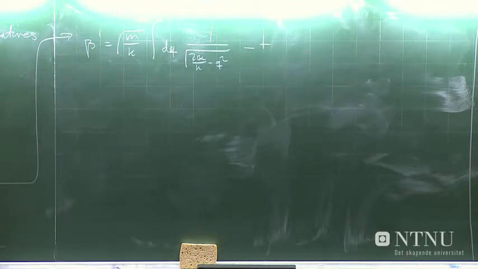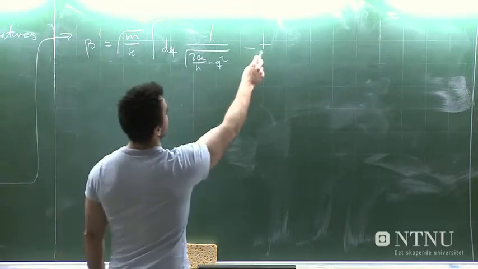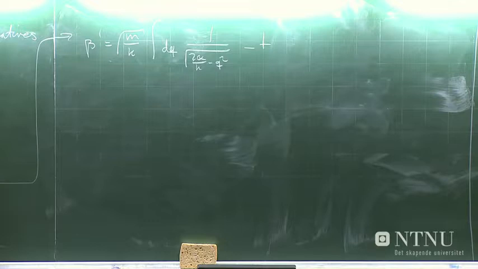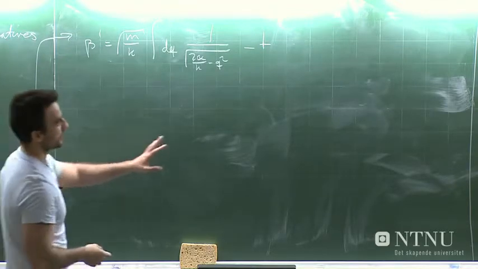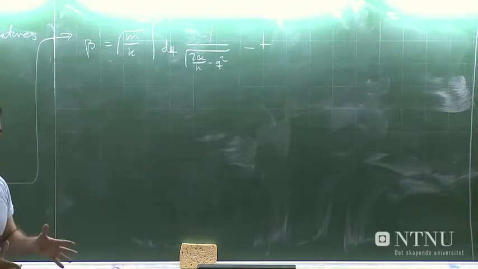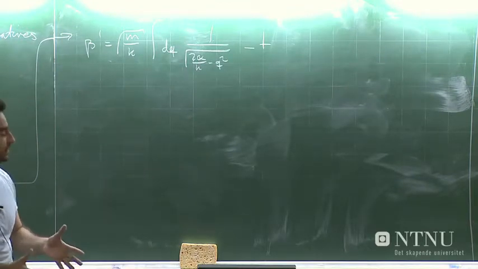Now you may wonder what happened to this term, because we had the energy here, right? So it seems like I've treated the energy as an alpha here. So what I've done in essence is just to say that, okay, I'm choosing my integration constants to be equal to the energy. We have one integration constant in this case, since it's 1D. So I'm just choosing it so that it's equal to the energy, meaning that we get this equation. So I'm exploiting the freedom I have in these constants.